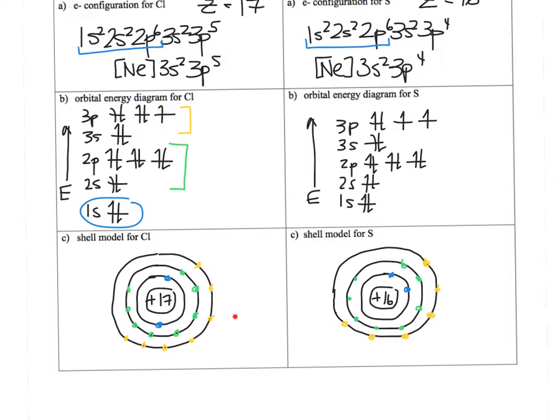And a lot of people drew versions of some sort of core model when what I asked for was a shell model. One of the things that you're going to want to be sure that you do is to make sure that you know what the terminology is so that when something is asked for on an exam, you're able to pull that out. And that just takes practice, doing different kinds of problems and making sure you're familiar with the language.